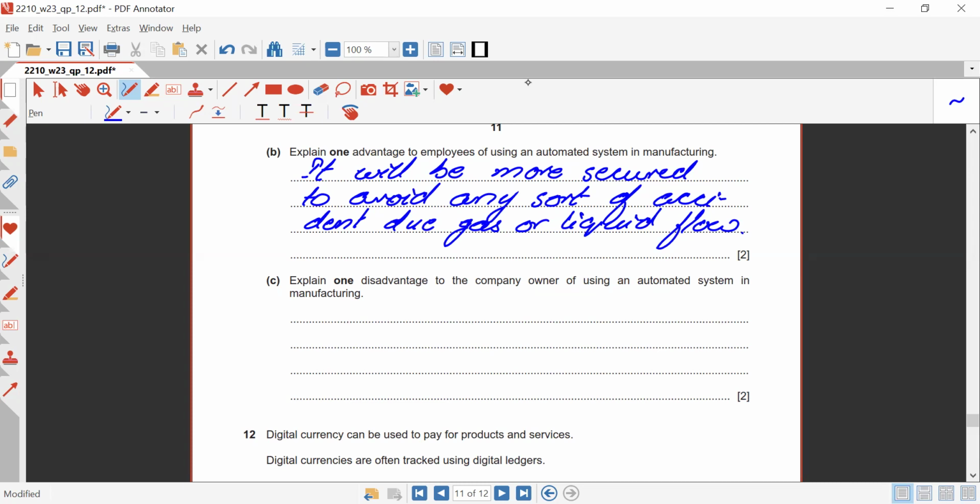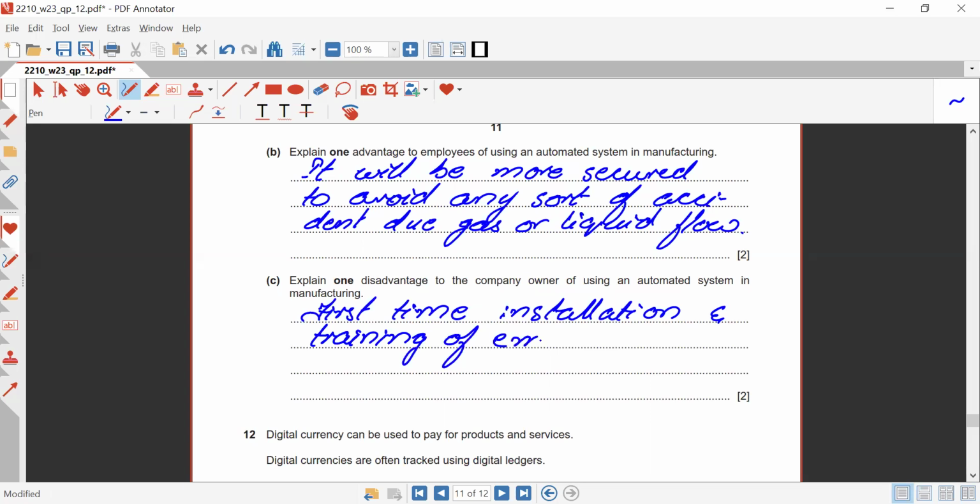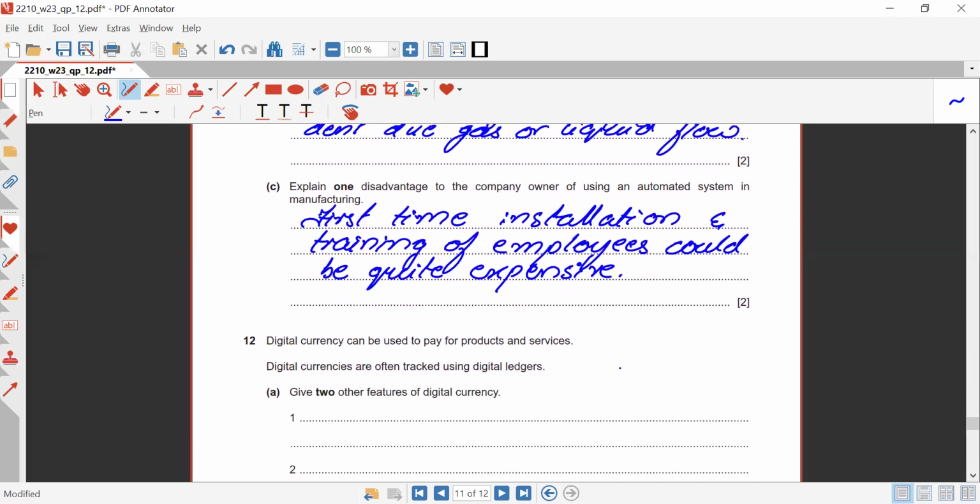The best thing you can say is that first time installation and training of employees could be quite expensive. So this is the one.